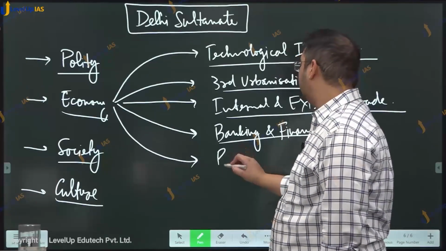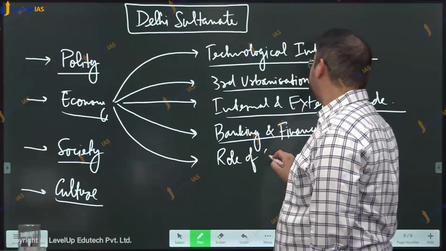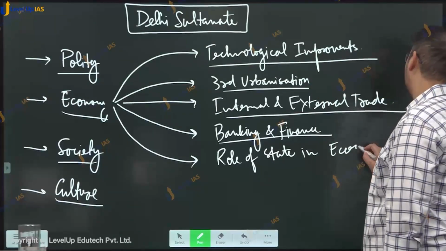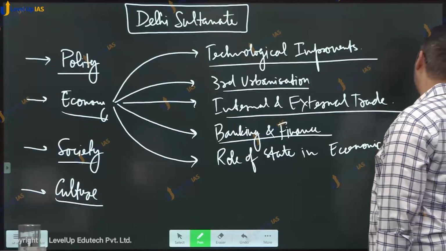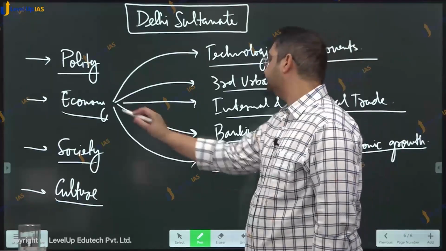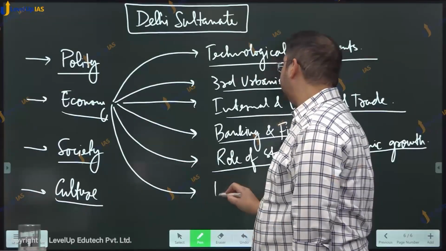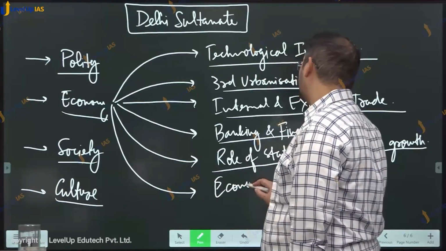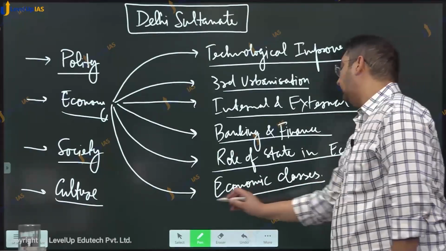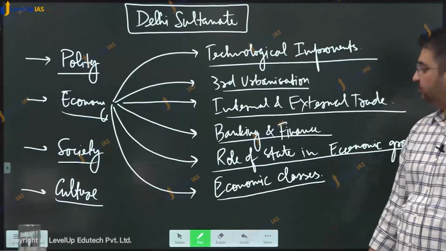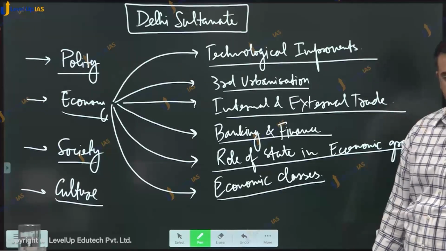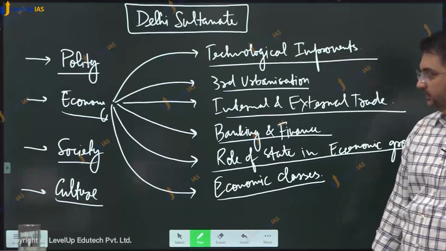The role that the state played in economic growth, the various economic classes, economic mobility witnessed during the Sultanate period, right? तो पहले कुछ क्लासेस थे, उनका स्टेटस चेंज हुआ, some new classes emerged, what was the position that they occupied, right?